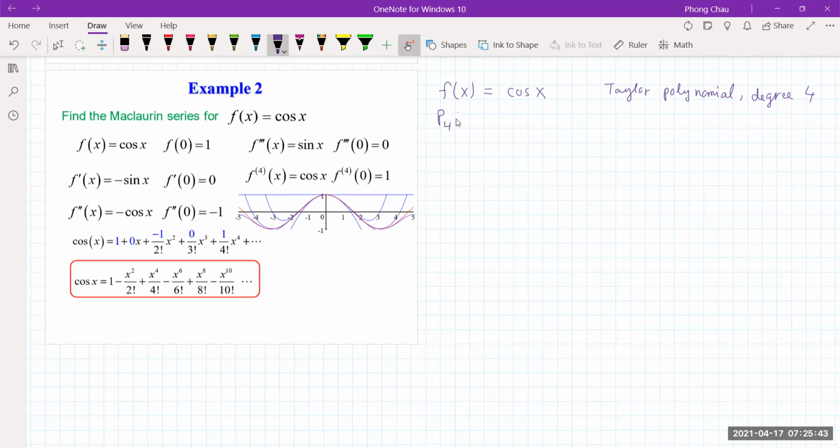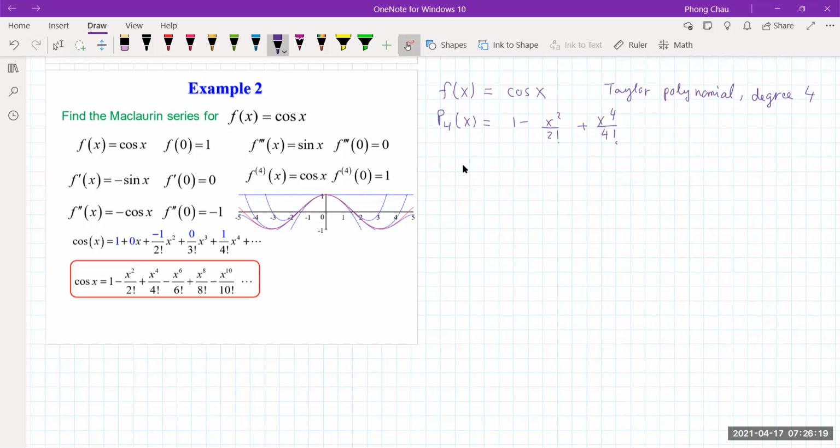So what it means is we're going to use this Maclaurin series, and we only stop at the 4th degree. So it will be 1 minus x squared over 2 factorial, plus x to the 4th over 4 factorial. So what we say essentially is the 4th degree polynomial here, we can use it to approximate this function cosine.